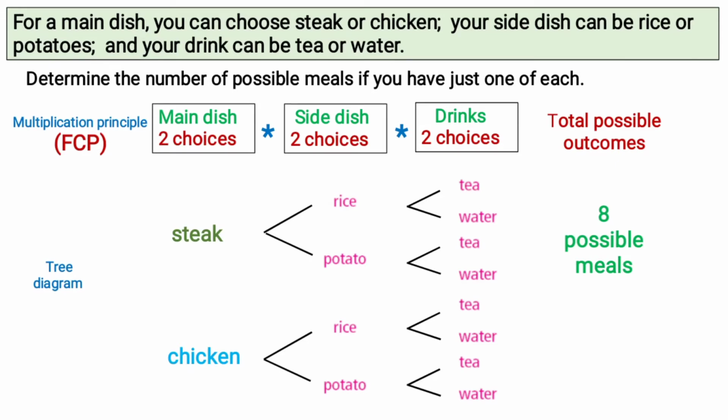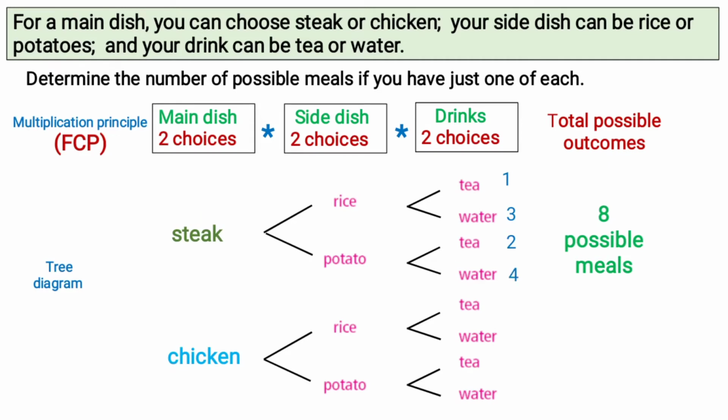Let's say, ang gusto kong kainin ay steak na ang side dish na gusto ko ay rice at ang kasamang drinks ay tea. So, isang possible meal na yon. Ang pangalawang possible meal can be steak, potatoes, and tea. Pangatlo, steak, rice, pero this time, ang gusto ko naman drinks ay water. Another possible meal is steak, potatoes, and water.